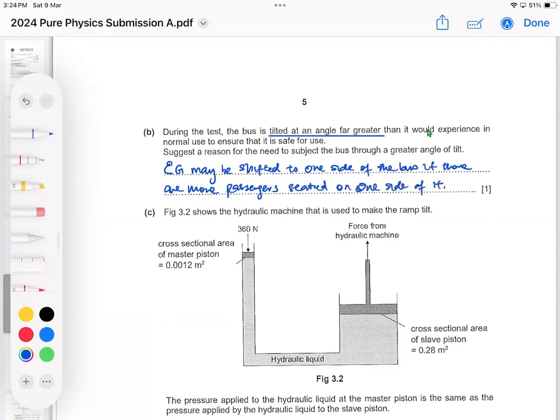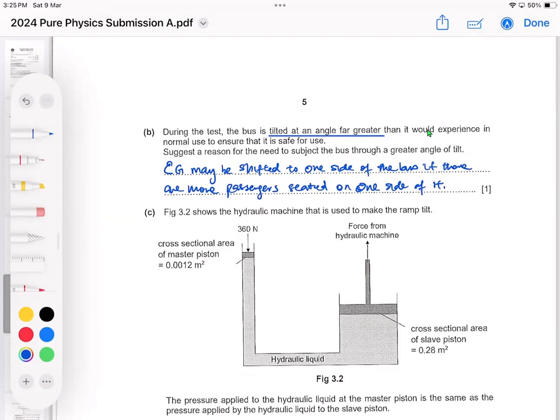So the shifting to one side may cause it to be unstable, even though the slope is still the same, everything is still the same. Increasing the tilt will help you simulate more passengers seated to one side. So it's like a simulation test. Yeah.